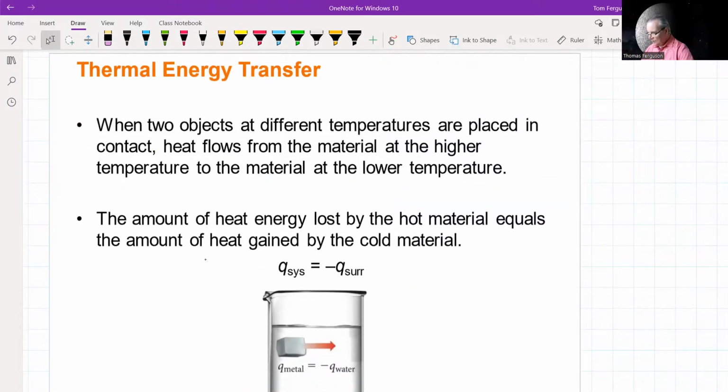Again, I mentioned when two objects at different temperatures are placed in contact with a good thermal conductor, like water, the temperature or kinetic energy from that higher temperature water goes down and the surrounding water goes up.